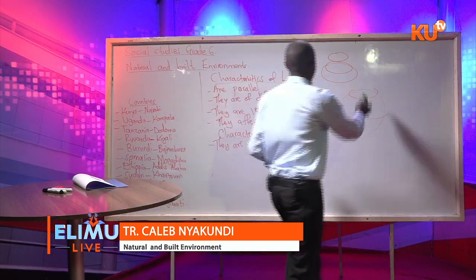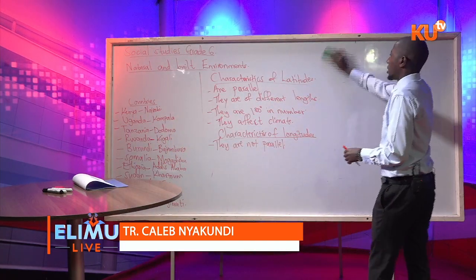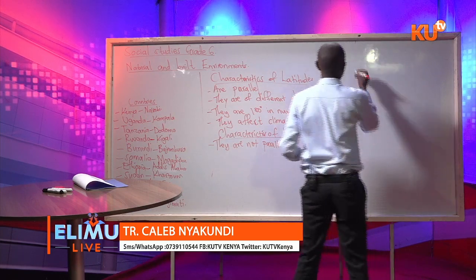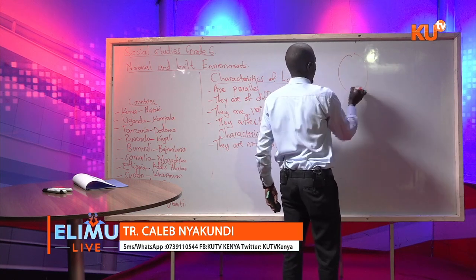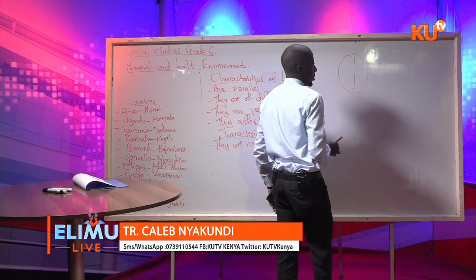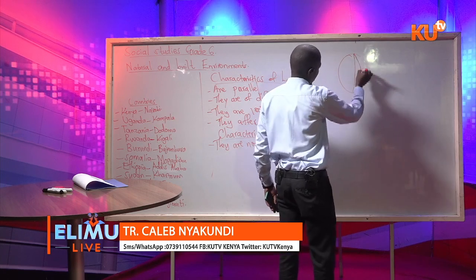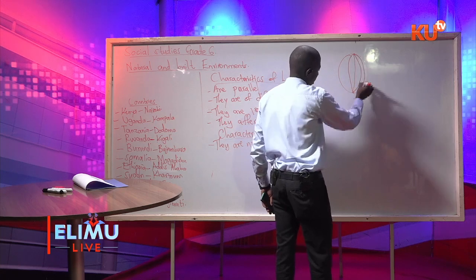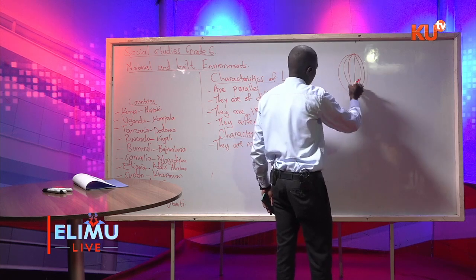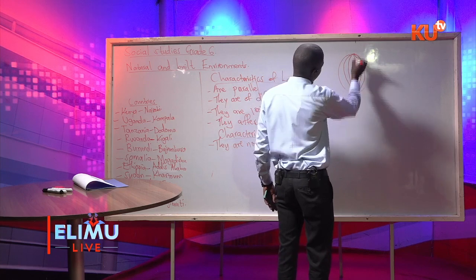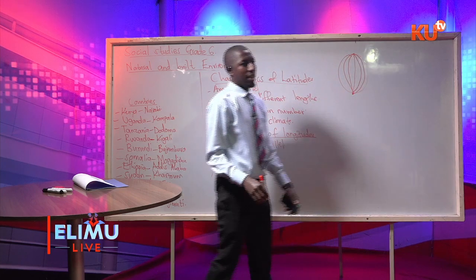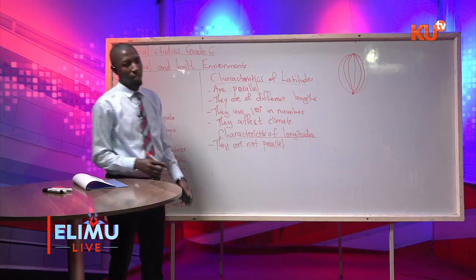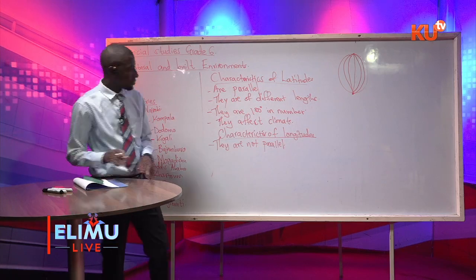If you draw a sphere like this and start drawing your longitudes, they're usually something like this. So they meet, and they meet at the poles, the North Pole and the South Pole. So they meet here and they meet here, unlike the latitudes which don't meet anywhere.